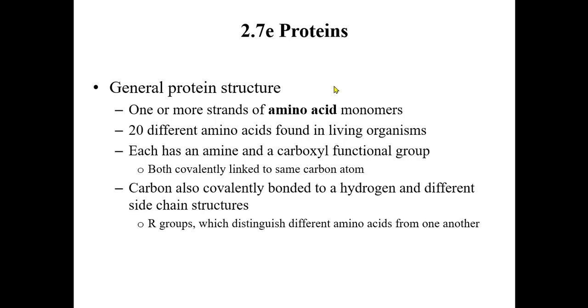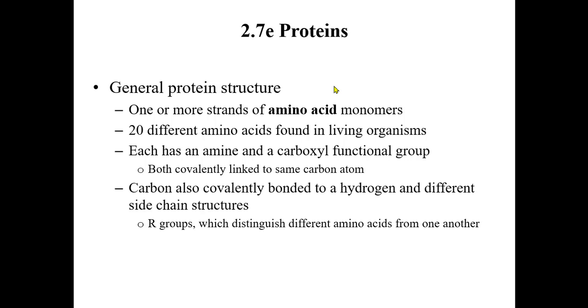Well, I get them from the possible combinations of these 20. Actually, not 20 combinations. I should say what? 20 to the 20th power. There you go, that's the more correct math. And if you ever did that on a calculator, that's a huge number. So that's the number of different possible combinations I could have for the amino acids.